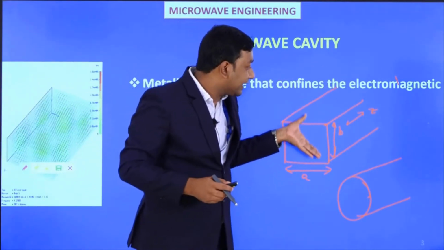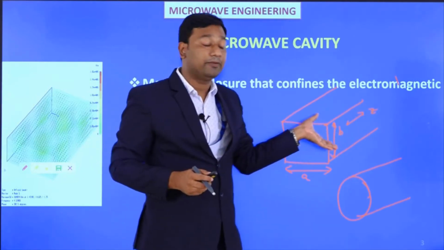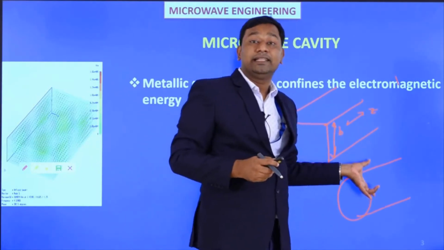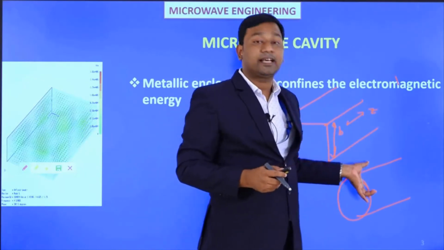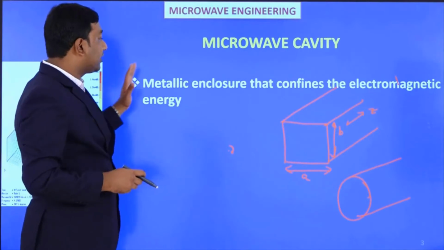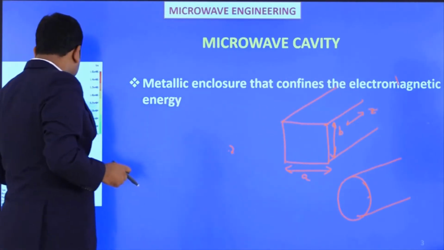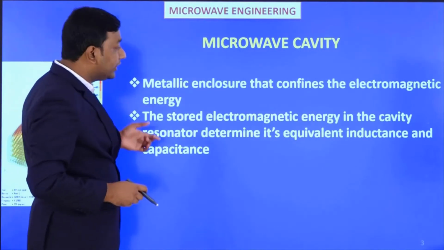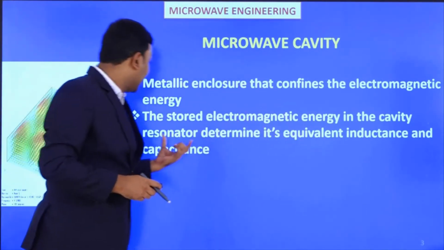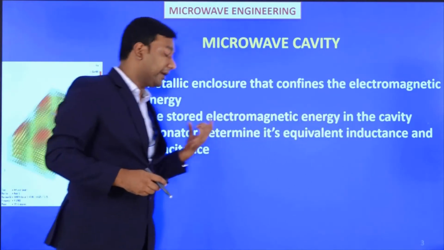Depending on the structure, if it is rectangular in shape, it is called a rectangular cavity resonator. If it is circular, we call it a circular cavity resonator. So it is a metallic enclosure that confines the electromagnetic energy. The stored electromagnetic energy in the cavity resonator determines its equivalent inductance and capacitance.